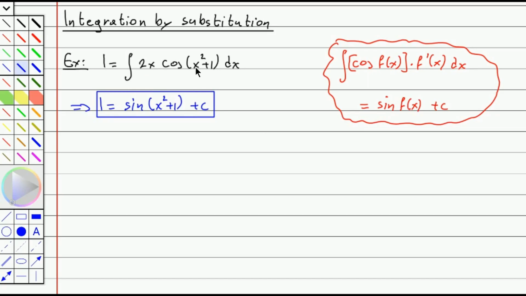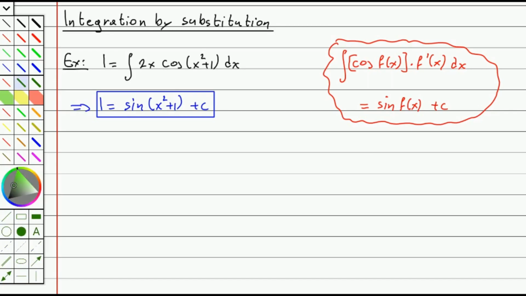Now, if we don't have keen eyes or we are relatively inexperienced, we couldn't have seen that this is the internal derivative of the function inside the cosine. So we can take this function that is the problematic one and substitute it with another variable, an intermediate variable, and hopefully we can make this easier to solve.